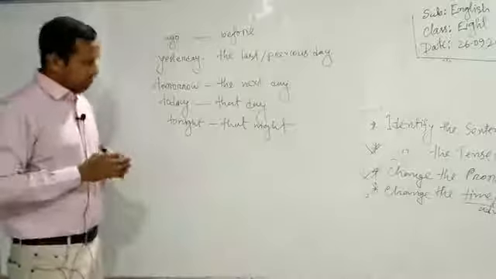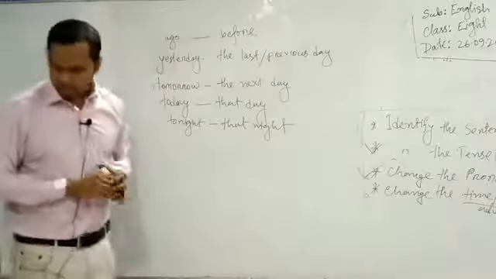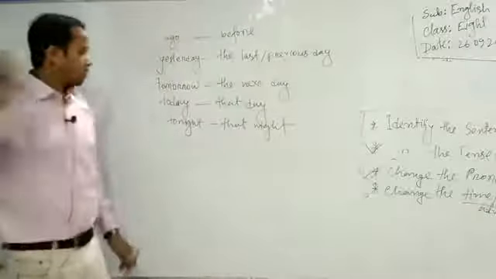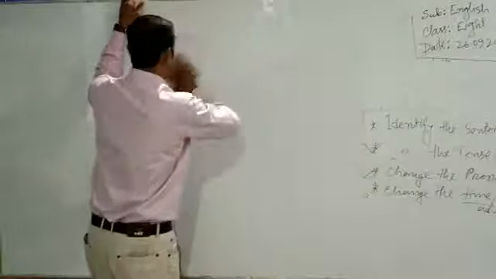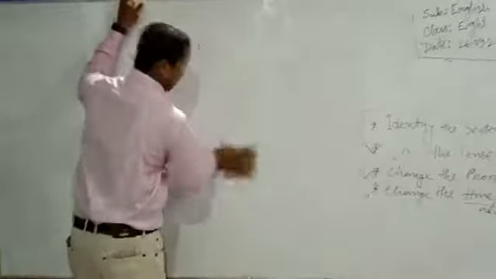Finally, we will go for identifying sentences, and before starting that, I am going to tell you a unique thing. That is the difference between the old time and the modern time.